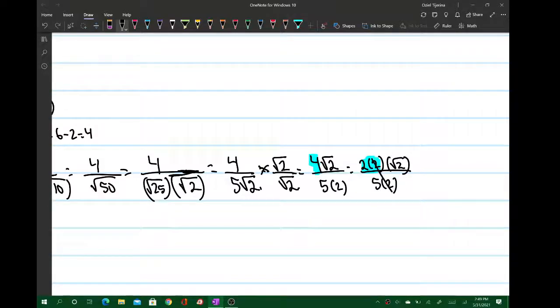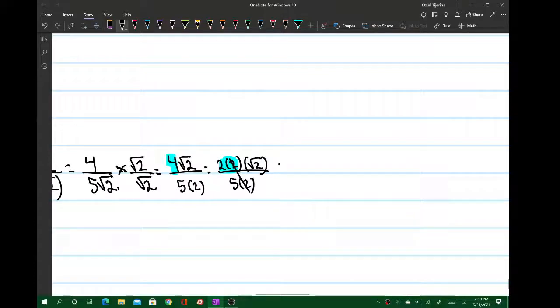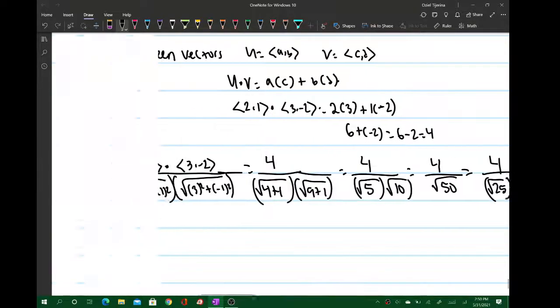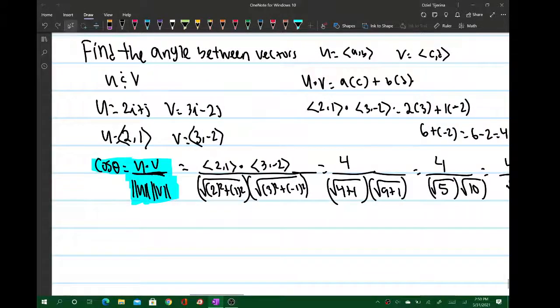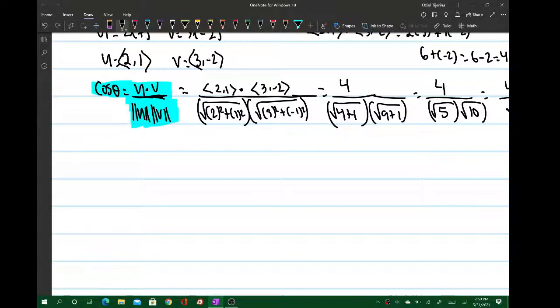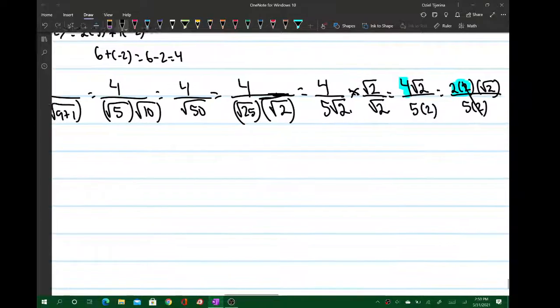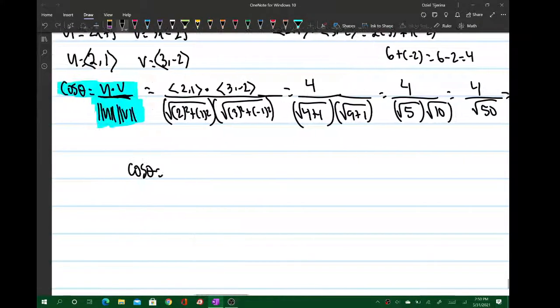So then we go ahead and cross 2 out. We get 2 square root 2 all over 5. And that is what cosine theta equals, right? Cosine theta is 2 square root 2 over 5.